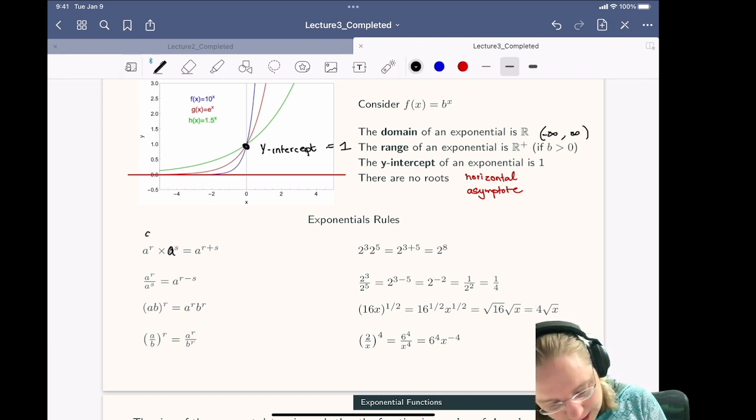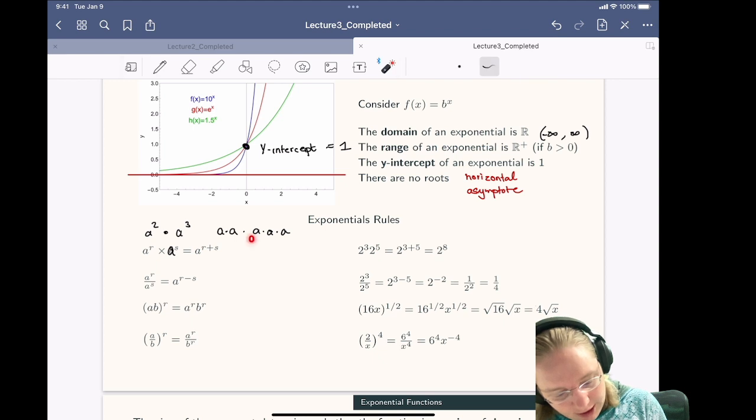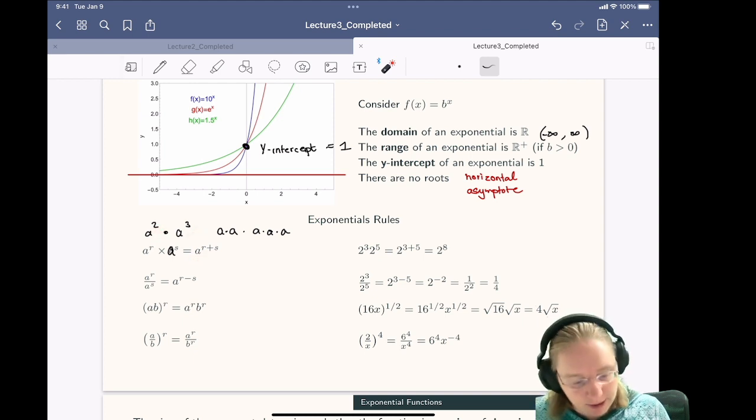Suppose we had a squared times a cubed. One way of writing this would be a times a times a times a times a. This is our a cubed, and this is our a squared. So we end up with 5 a's, which is the sum of the 2 and the 3.